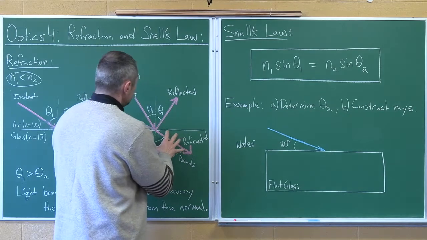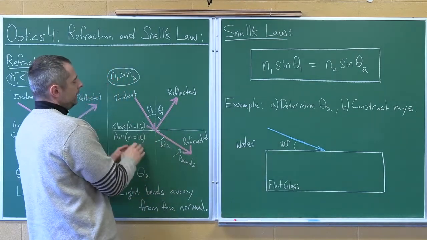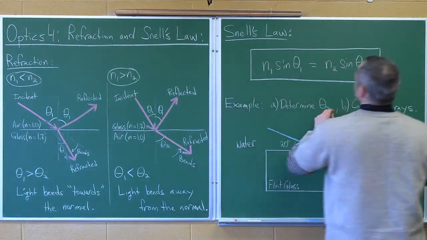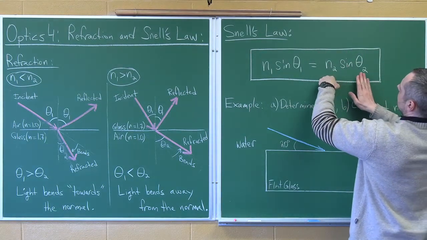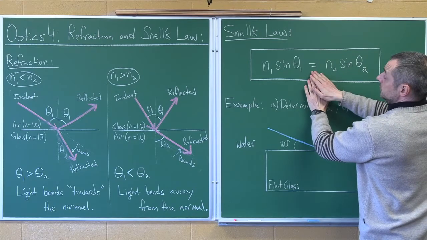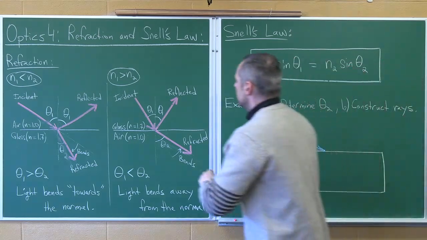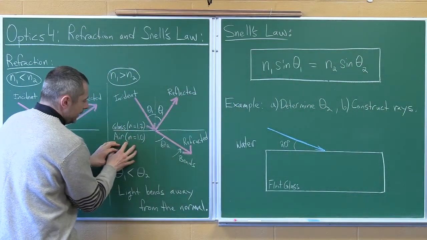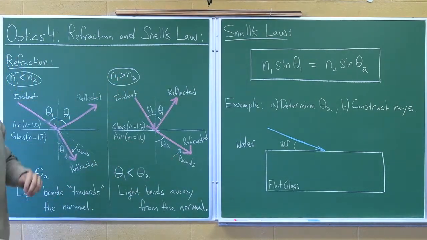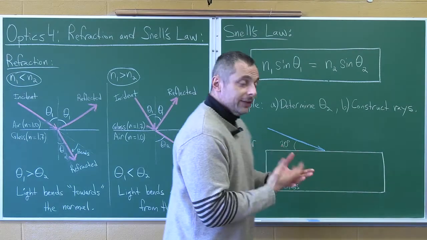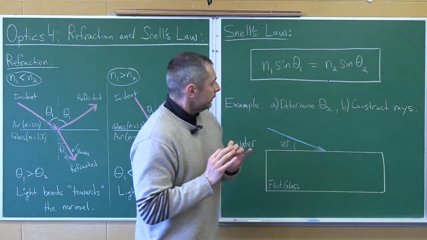If we have this situation where we go from a high index to a low, so this went down, then that means the theta has to go up for the equation to hold on the other side. So we had here bigger index, a smaller index, bigger angle, compensate in that equation. So, nice equation. Let's do an example.